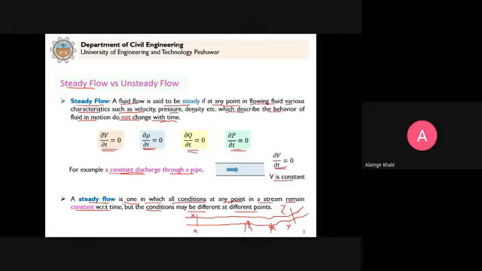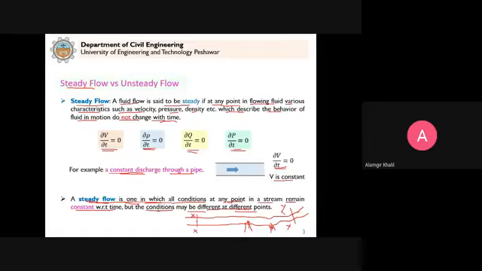You see, this definition is from your textbook. It says that a steady flow is one in which all conditions at any point in a stream remain constant with respect to time, but the conditions may be different at different points.